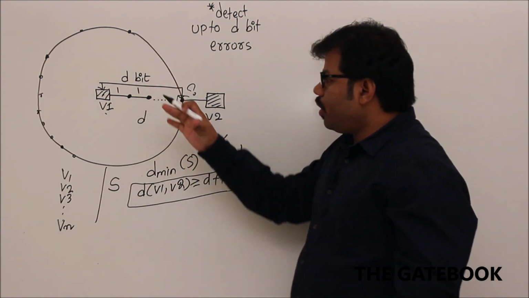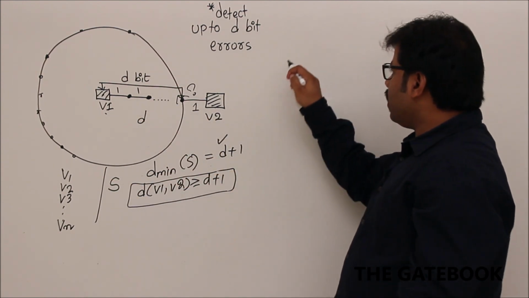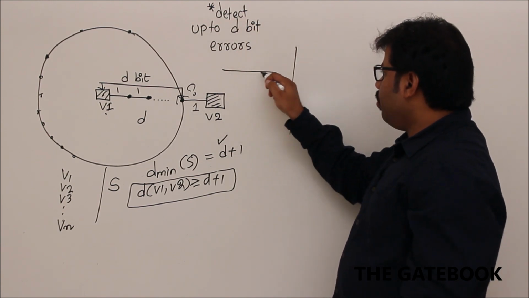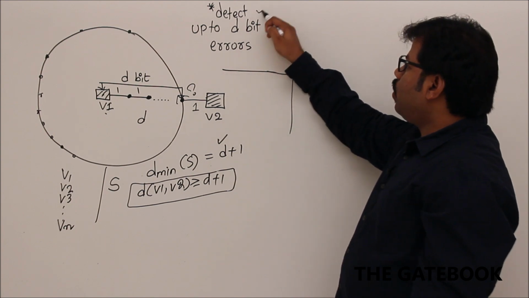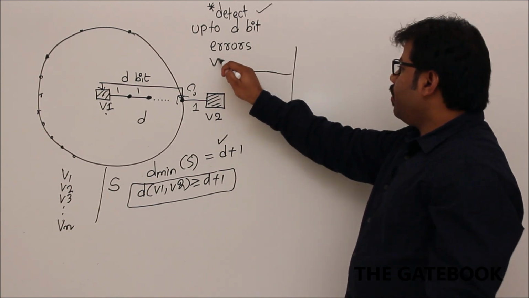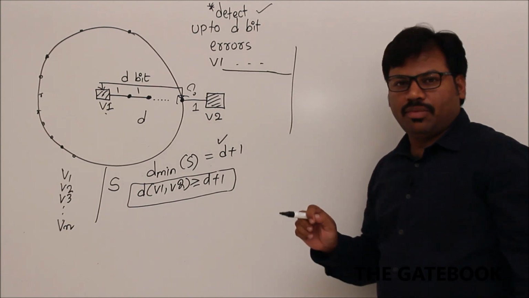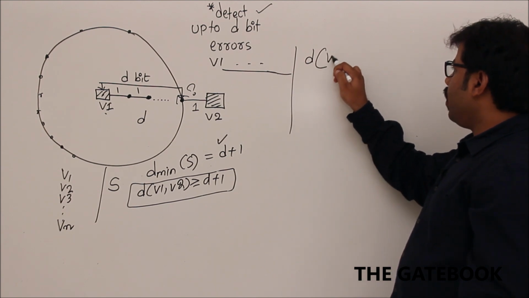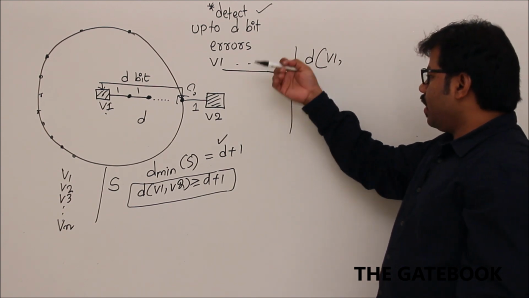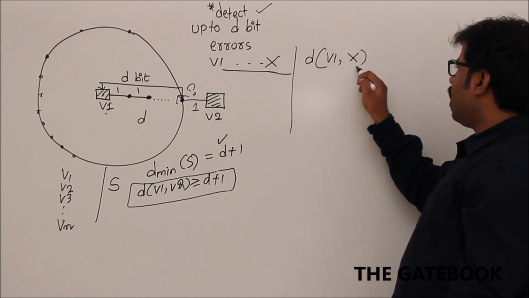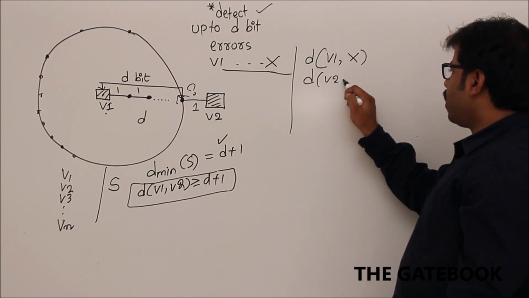Now that is going to be used by your receiver. What the receiver will do is, in the medium we are getting up to d bit errors, not more than that. Then your valid message cannot become another valid message. Because of that, if I compute the distance of V1 with, let's say the received word x, then d of V1 comma x, d of V2 comma x, and so on.